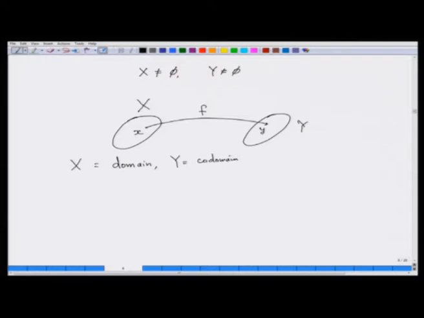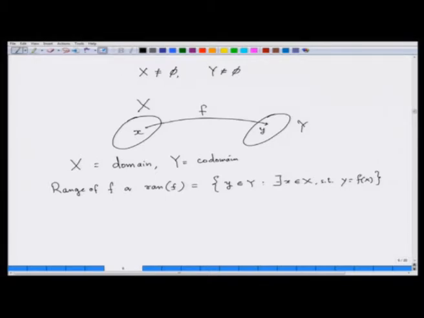There is another concept called range of the function, range of f, or in short ran f. It consists of all elements in the codomain, so it consists of all y in this set y for which there exists an x in x such that y is equal to f x.